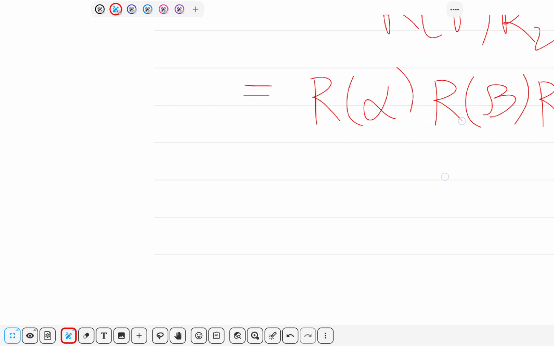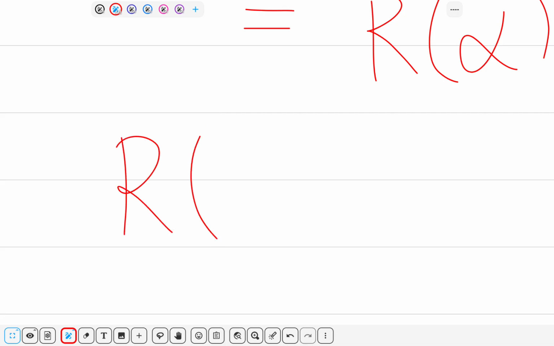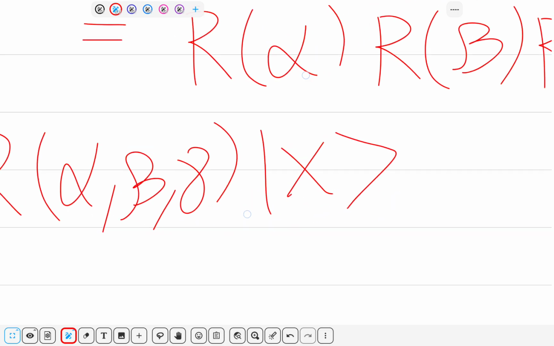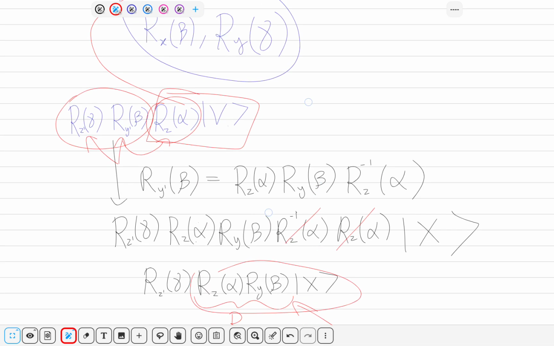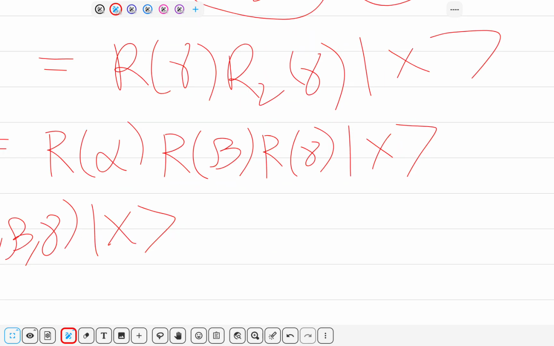So basically an Euler rotation alpha beta gamma on our space, with whatever rules we set initially, can be written as Rz of alpha, Ry of beta, Rz of gamma of x.